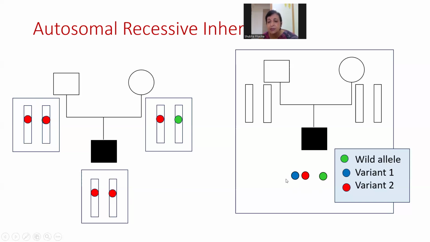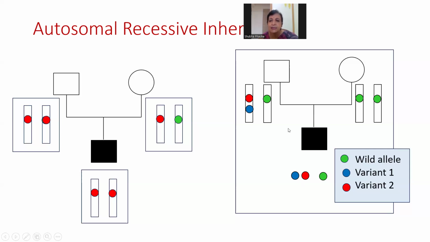So in that situation, if you decide blue is from one of the parents, red is from the other parent, and both copies are mutated, so this could be the cause of disease in this particular boy. But sometimes it happens that both the so-called variations which may be disease causing are present in one of the parents, and it means that these two variations are not the cause of this particular disease.